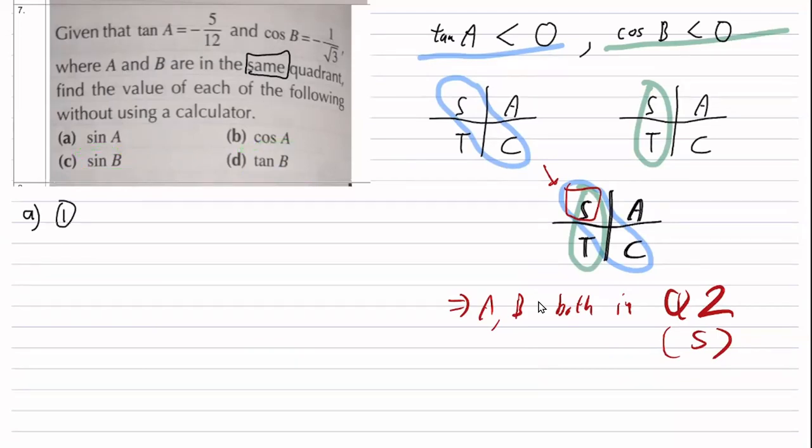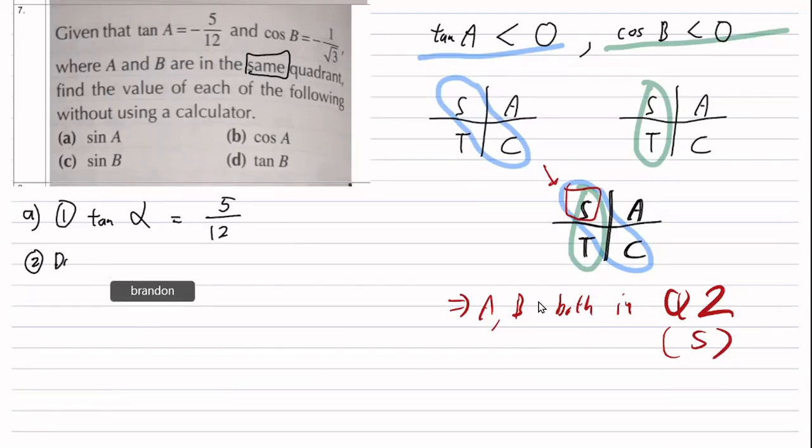First step: rewrite the tangent A as tangent alpha. The acute angle, the reference angle, basic angle, equals the positive 5/12.